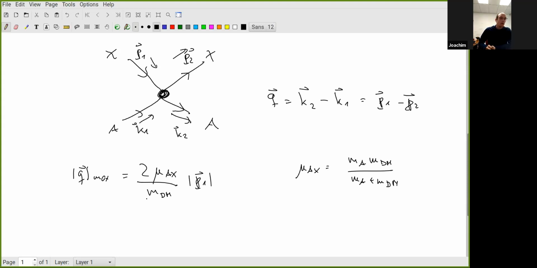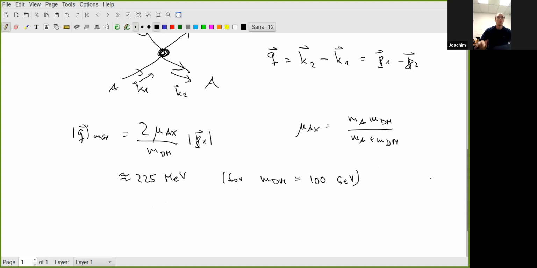For a 100 GeV dark matter particle, this is about 225 MeV. So that's about the range for the momentum transfer.